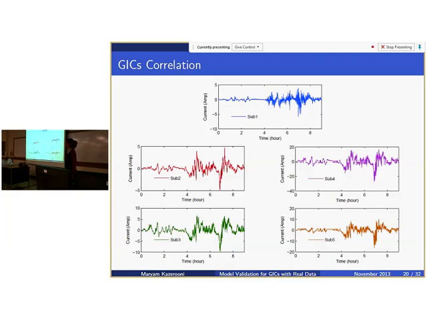Would it cause more problems or the same amount of problems? Because you don't have these harmonics. Actually, I'm still not sure if we would have GICs passing through the DC lines. So, do we? Yeah, we don't.